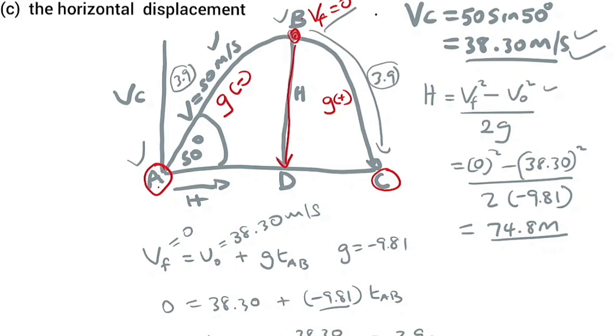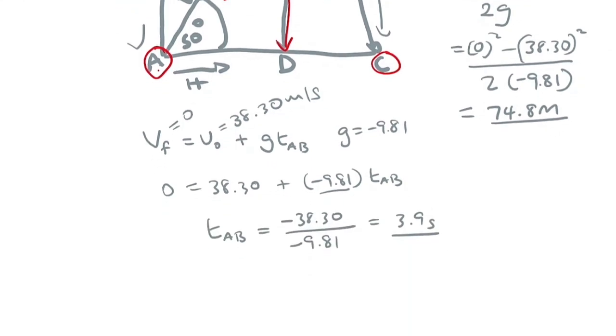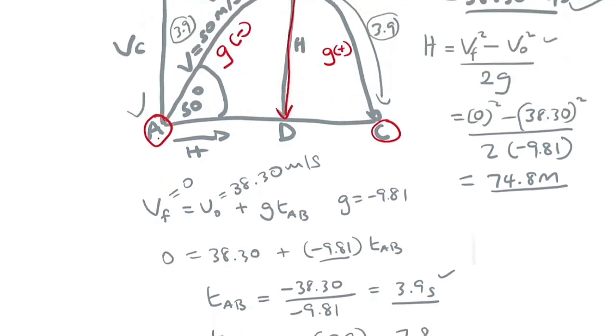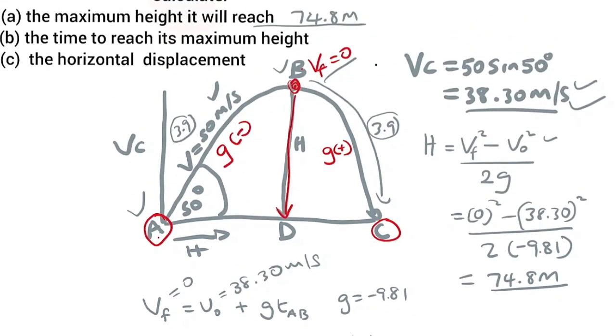To get the time it takes from A to C, we'll say 2 times 3.9, which gives 7.8 seconds.